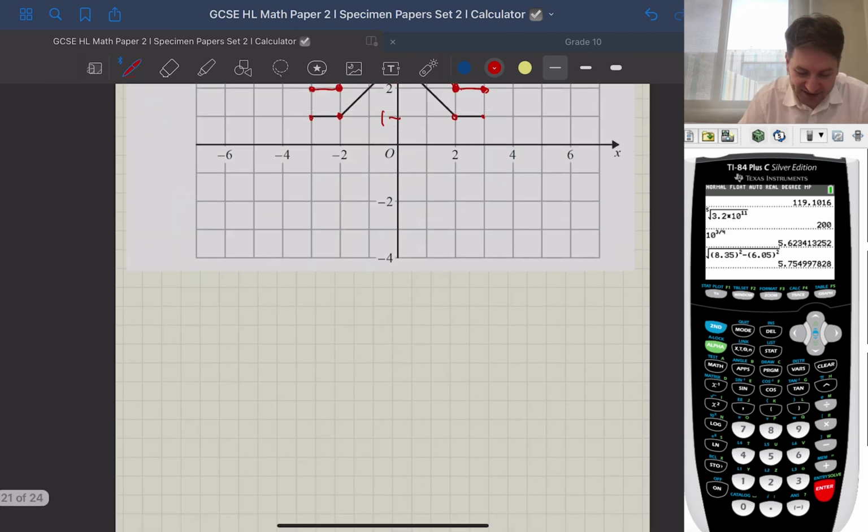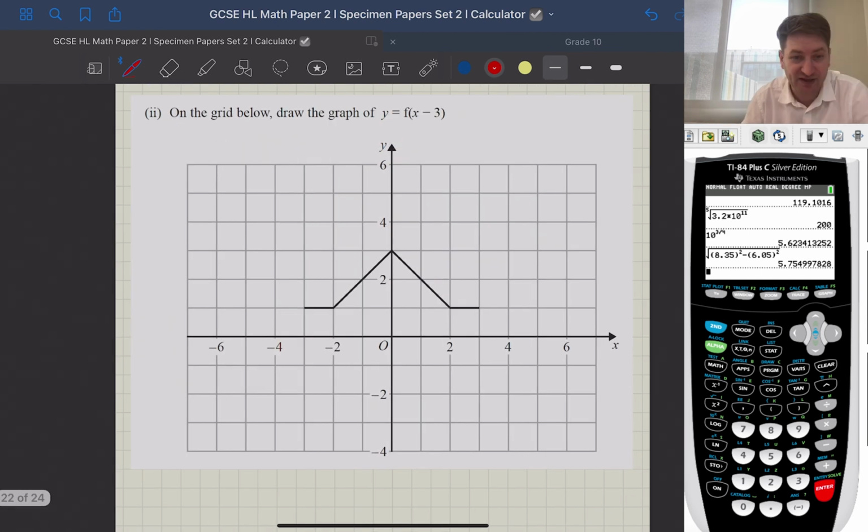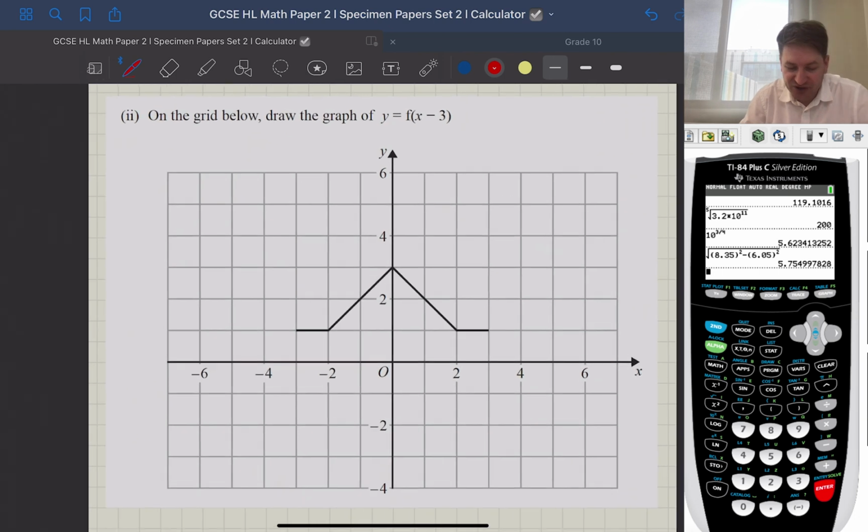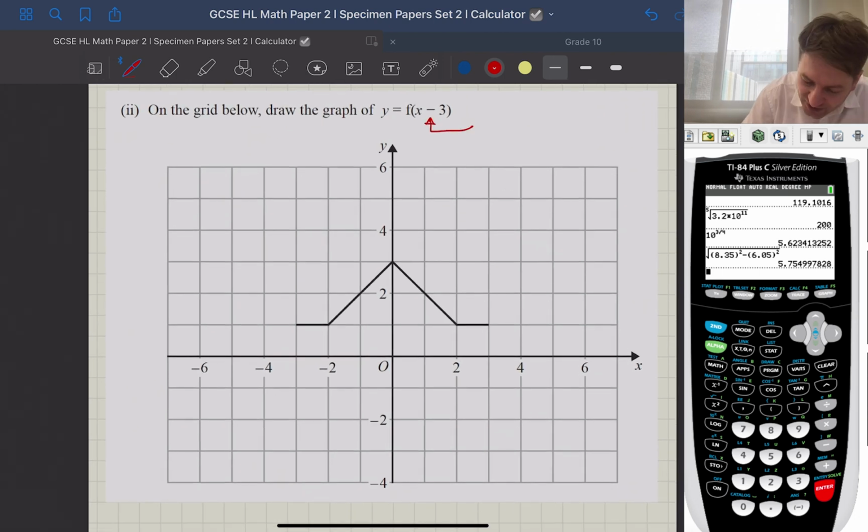Next one, I think, is over this one. And this is the situation. This is inside, right? Only affects the x coordinate.